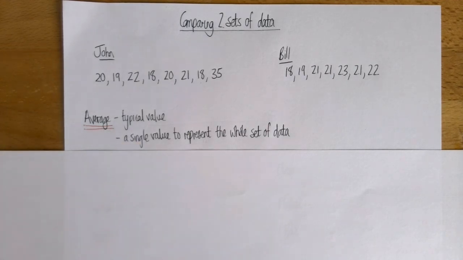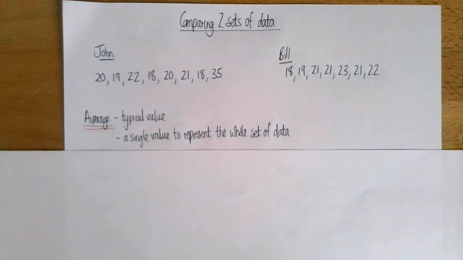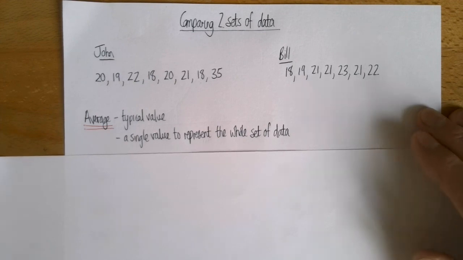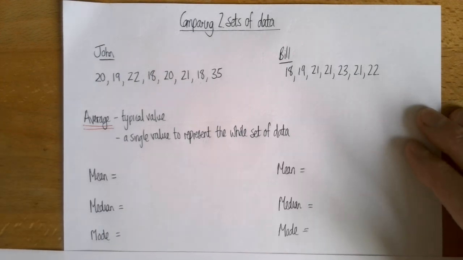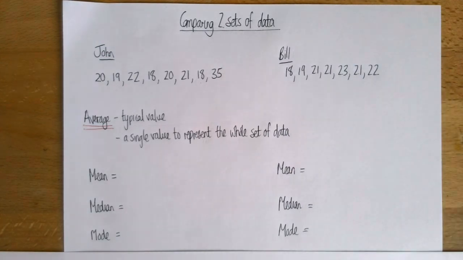That's tricky, to represent one whole set of data with just one number, and that's why we've got three ways of doing it. We have three ways of working out the average, and these should be words that you are familiar with. I'm going to remind you about them, and there's a reminder about the definition on the sheet I've attached.